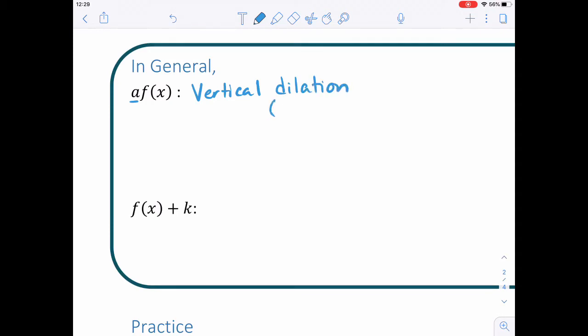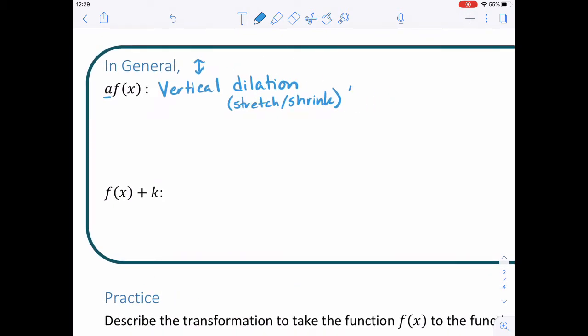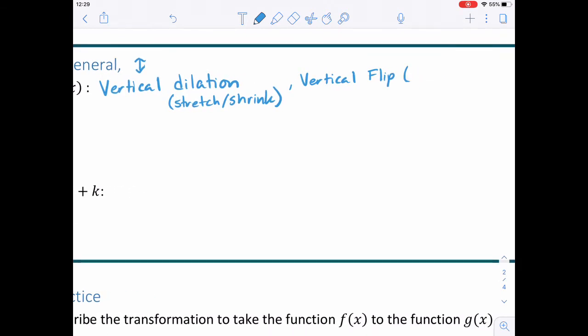That's just a way of us saying that it's either going to stretch or it's going to shrink. But it's going to do it specifically in the vertical up-down direction. It can also do one more thing, which we already talked about. It can also be a vertical flip. That happens when we change the sign. So that's a negative a.